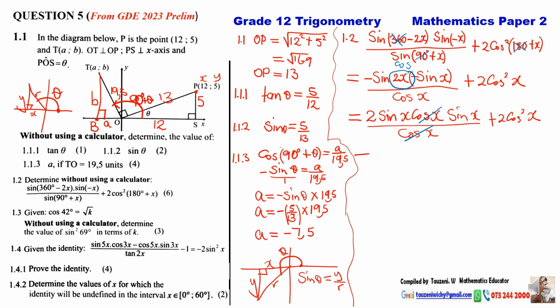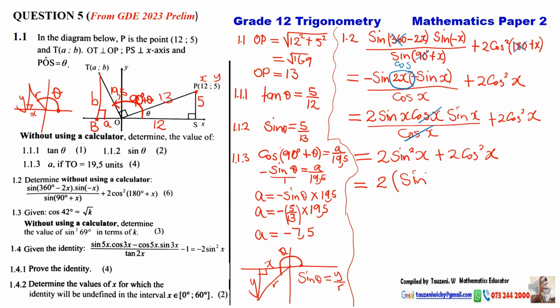So if you simplify, this will give me 2 multiplied by sine squared x, then plus 2 multiplied by cos squared x. Now, if you hear sine squared x plus cos squared x, that must remind us of that identity we do in grade 11.